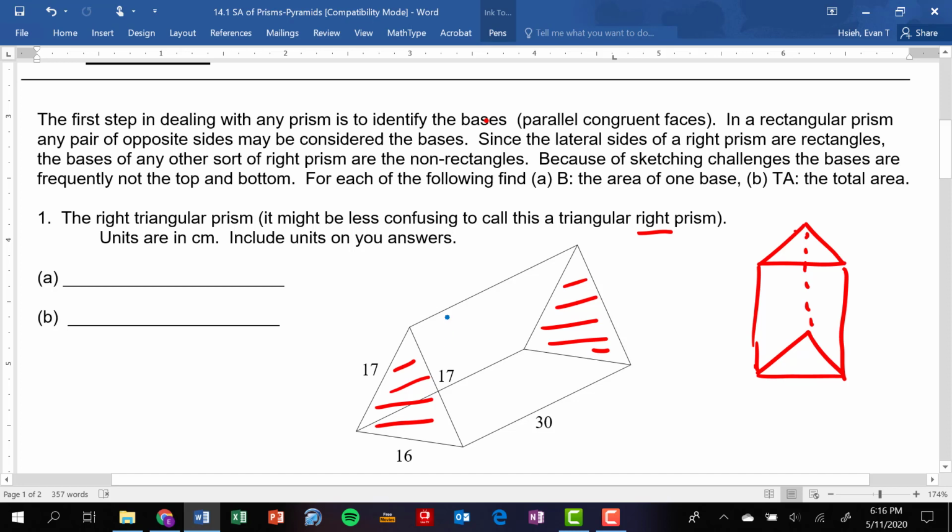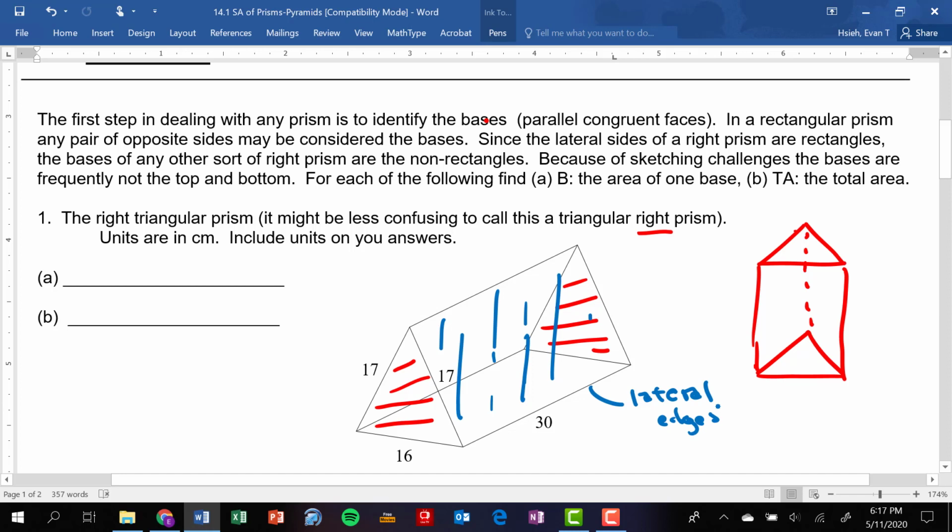These portions right here, there's three of them. Those are called lateral faces. There's one, down on the bottom is another one, and then on the back side is a third lateral face. These are called lateral edges.